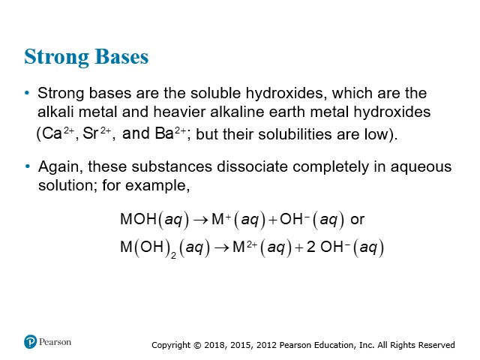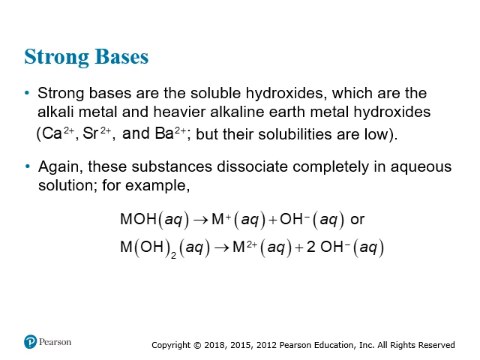Strong bases similarly dissociate to completion. Strong bases are generally the known soluble hydroxides, which include all of the alkali metal hydroxides, sodium, potassium, cesium, and the like, as well as the heavier alkaline earth metal hydroxides, things like calcium hydroxide, strontium hydroxide, and barium hydroxide.